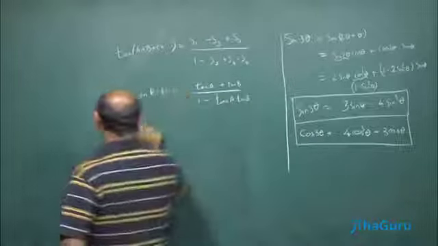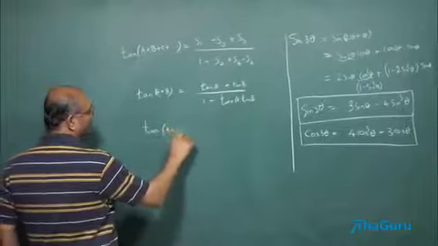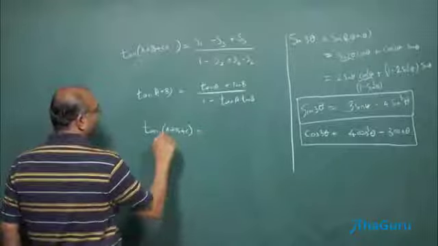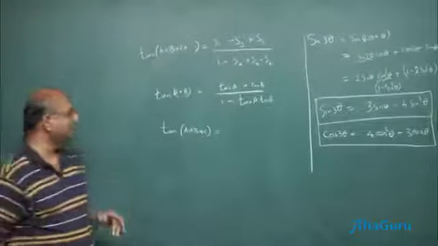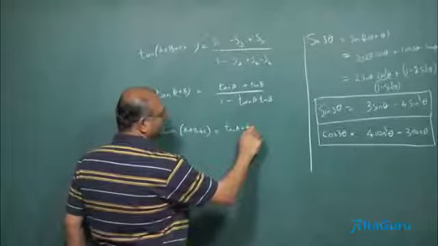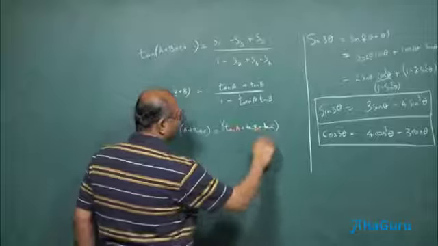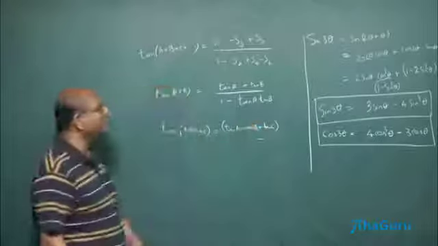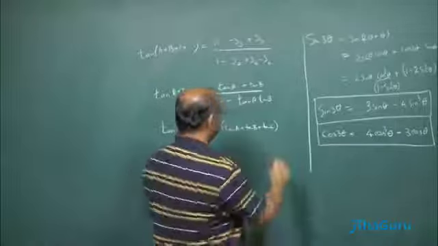Now tan of A plus B plus C, how will it look? S1 will be tan A plus tan B plus tan C. So let us write that down. Tan A plus tan B plus tan C minus 3 terms together, which is tan A tan B tan C. In fact, let me write it here itself.